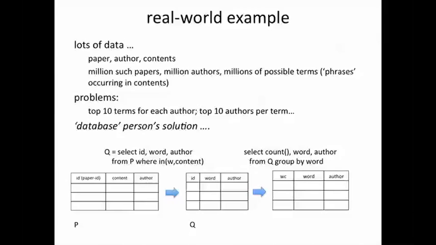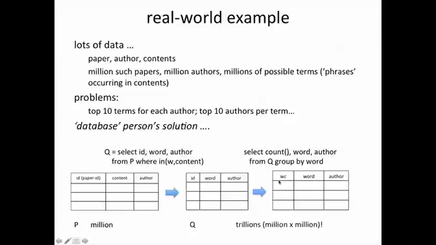Problems start to occur when you try to consider how large these tables can get. If this has a million or a few million documents, then let's take a look at this table here. At worst, you'll have an entry for every word and every author, that is if you allow 0 word counts.